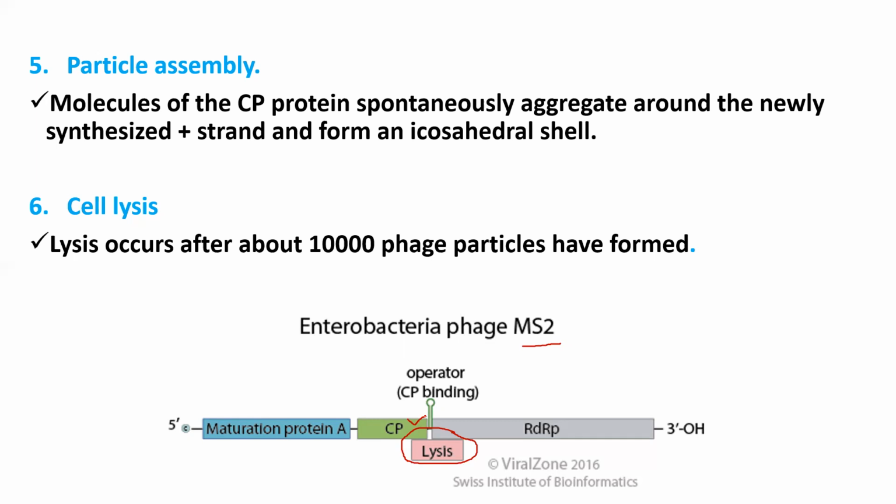The start codon is not accessible due to secondary structure. But when the ribosome terminates the CP gene, the secondary structure is disrupted, and lysis protein is made. But this low level of translation or regulation prevents premature lysis until sufficient copies of the coat protein are available for the assembly of mature virions. Thus, the cell lysis commences.